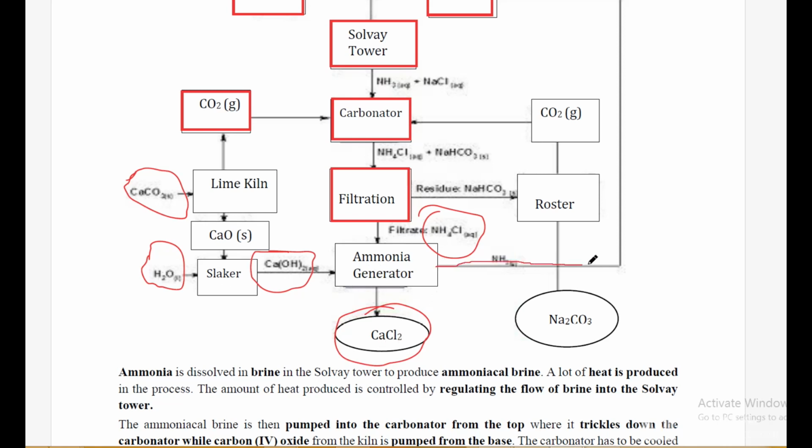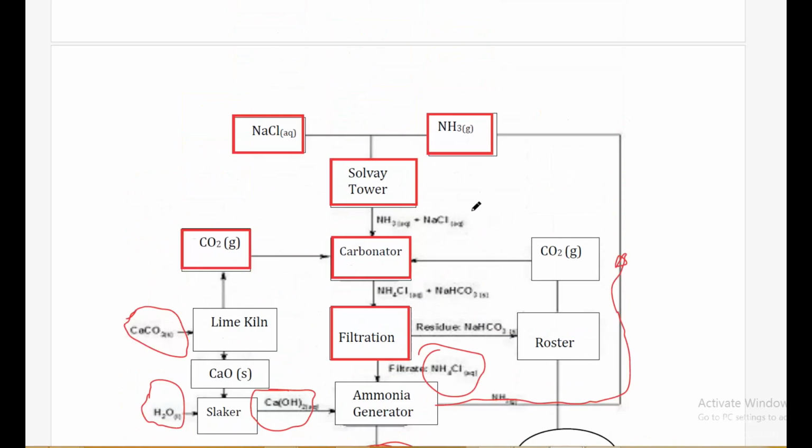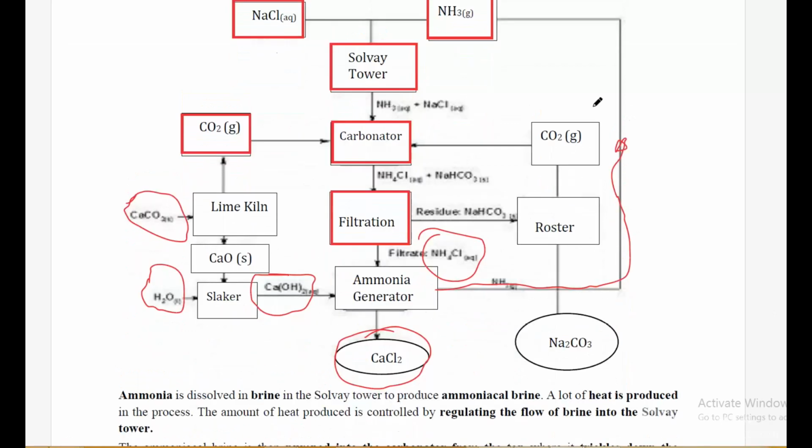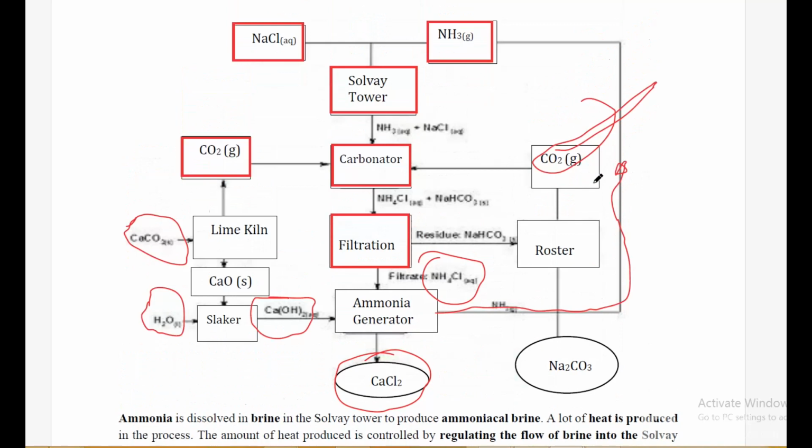Now this is what you are seeing here, recycling. The thing is, you will be asked to state some two substances that are recycled in the Solvay process. In the Solvay process, carbon dioxide is recycled. This one is recycled. Ammonia gas is recycled. Even water is recycled.